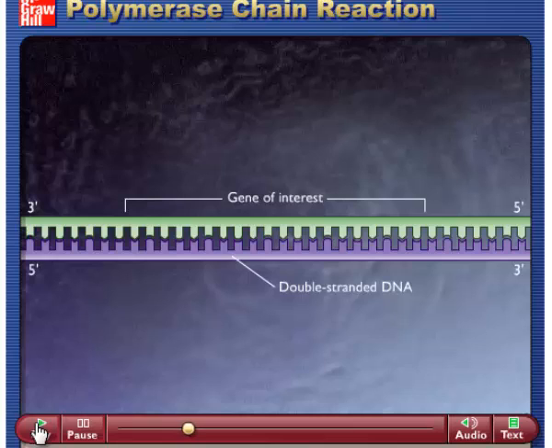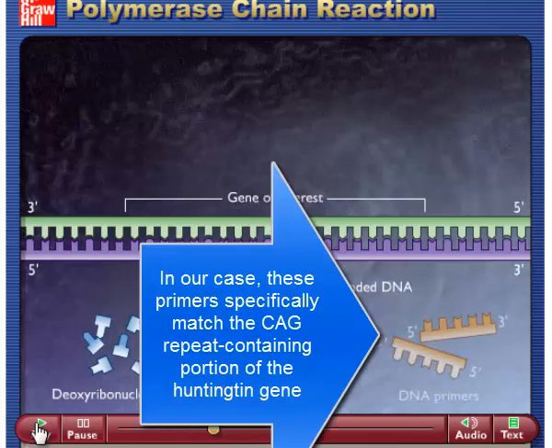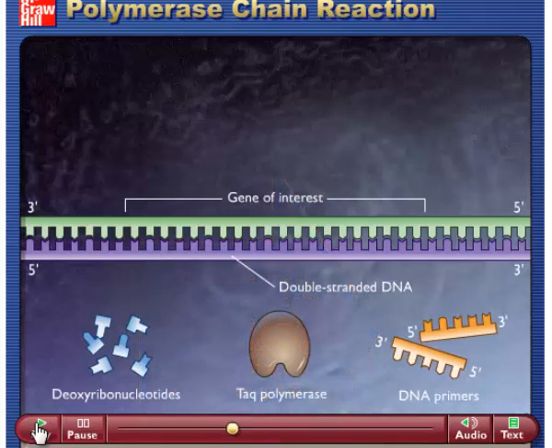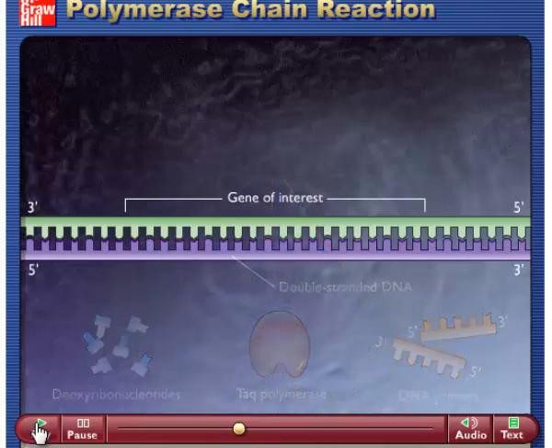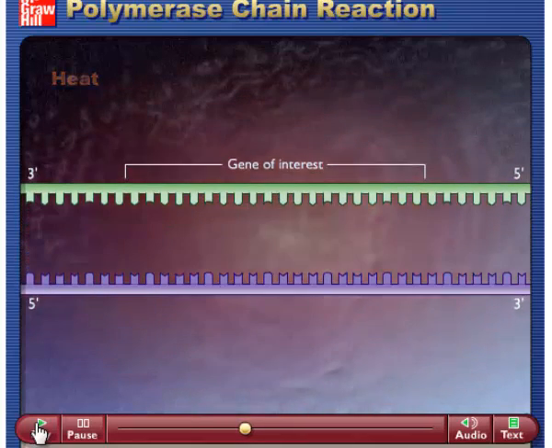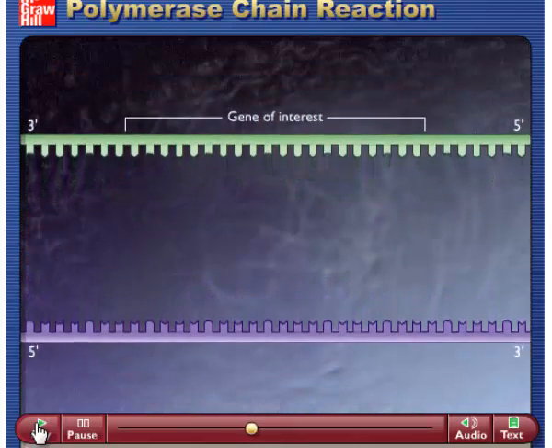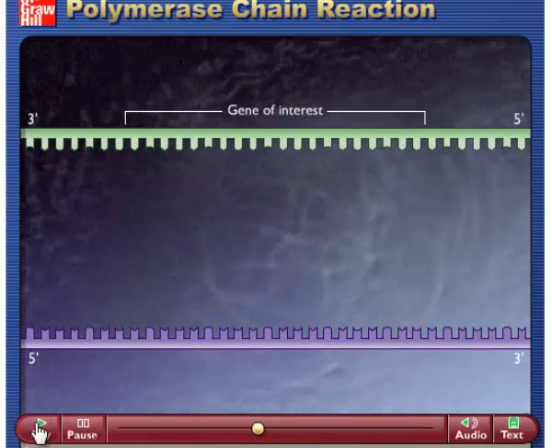The DNA to be amplified is mixed with deoxyribonucleotides, a thermal stable DNA polymerase called Taq polymerase, and DNA primers. The DNA primers hybridize to the ends of the gene to be amplified and provide a starting point for the Taq polymerase. The mixture is heated to break the hydrogen bonds in the DNA, forming single-stranded molecules.